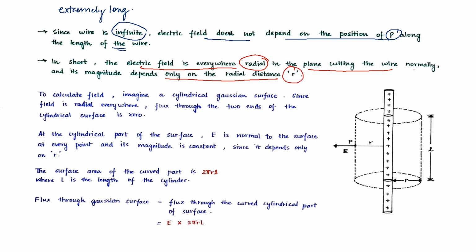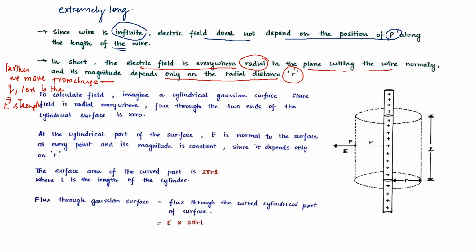How far the point P is will define the magnitude of E. We have seen that the further we move from the charge Q, the less is the electric field strength.